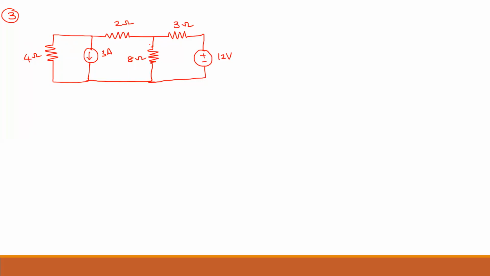I want to know what is the current flowing through the 8 ohm resistor.